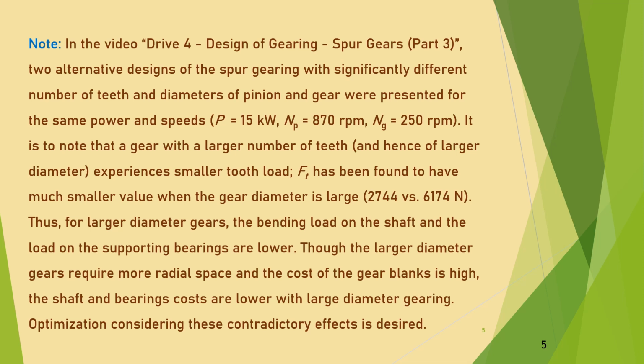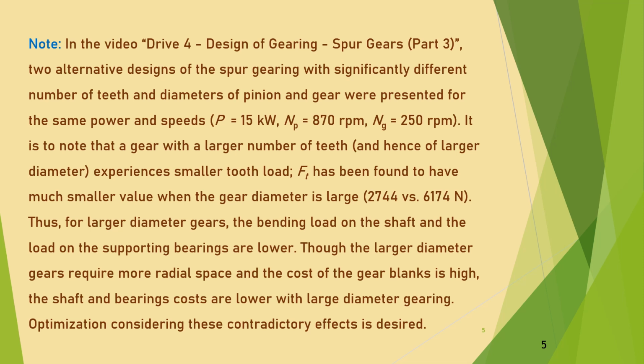In the previously presented video, Drive 4 Design of Gearing Spur Gears Part 3, two alternative designs of the spur gearing with significantly different number of teeth and diameters of pinion and gear were presented for the same power and speeds.